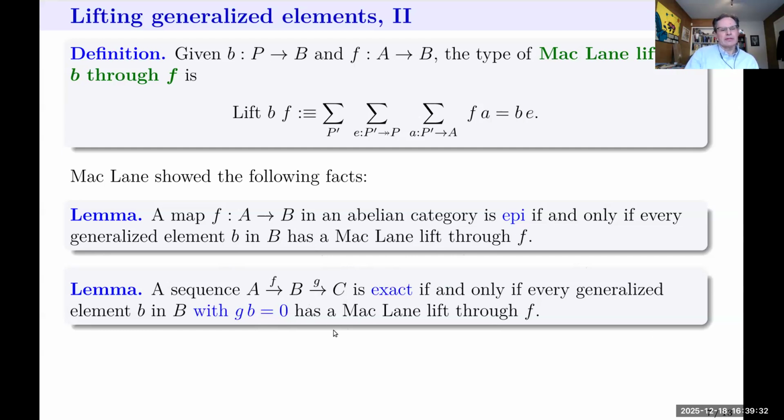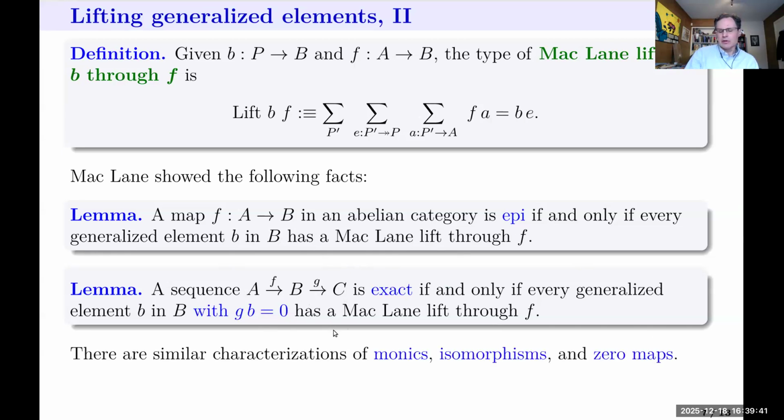So it means this lifting condition that he came up with is a really good one to work with when you're dealing with epimorphisms and exact sequences. You can also characterize the monics, the isomorphisms, and the zero maps in this way.